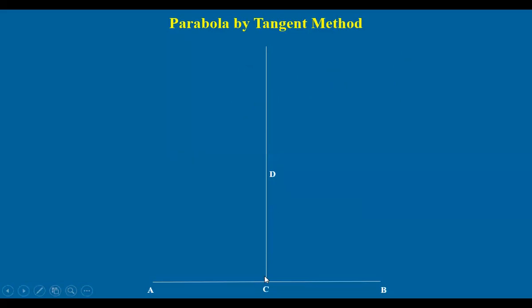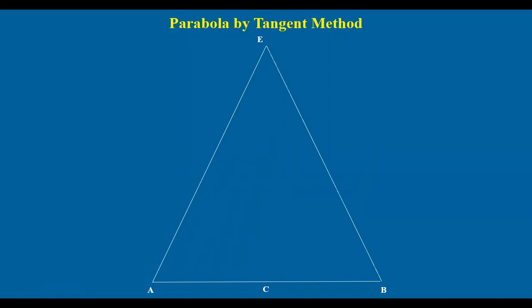Now extend this line further and mark the same CD from D, and we get another point E. Construct a triangle by joining AE and BE. We get a triangle here. For clarity's sake, I have removed the other lines.